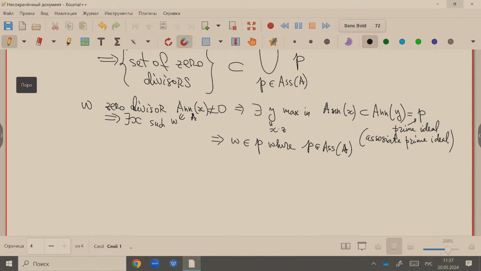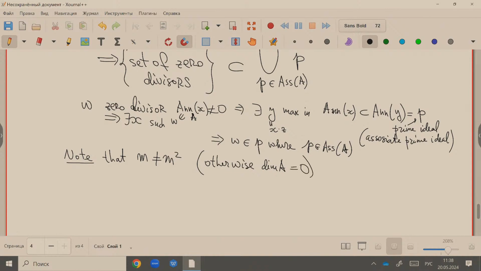So you get the following. So note that m is not equal to 0. M is not equal to m squared. So otherwise, the dimension of A will be 0. And we assume that the dimension is larger.